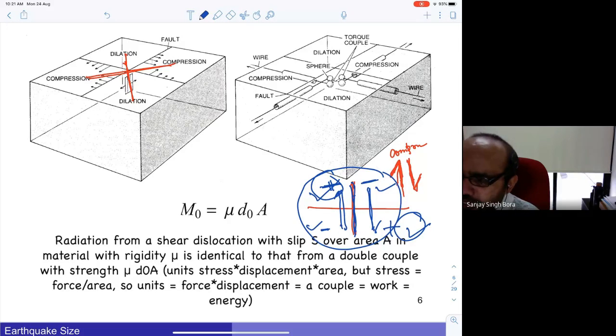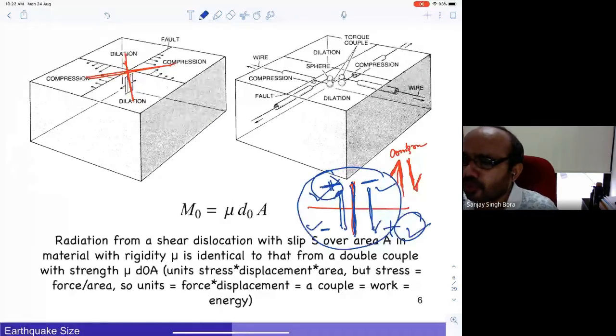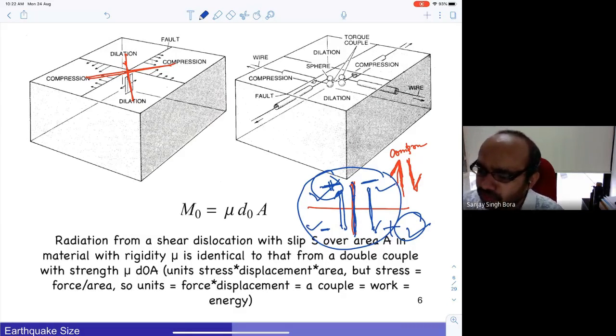You can have shearing by a single force in your lab, but within the earth, you cannot have a force at one point automatically. If you did, there would be some angular momentum, so angular momentum would not be conserved. That material will rotate if you are applying force from any direction.